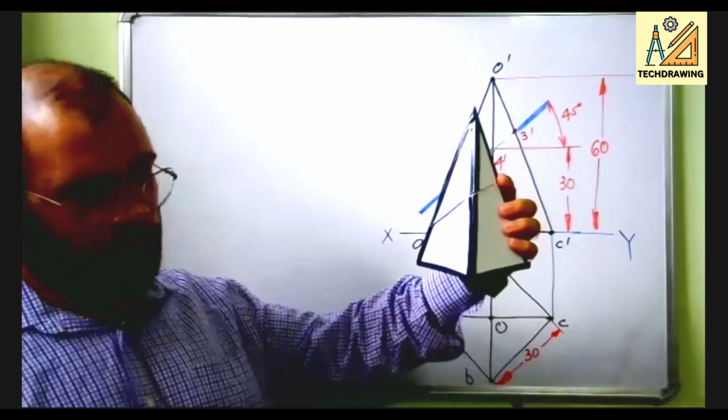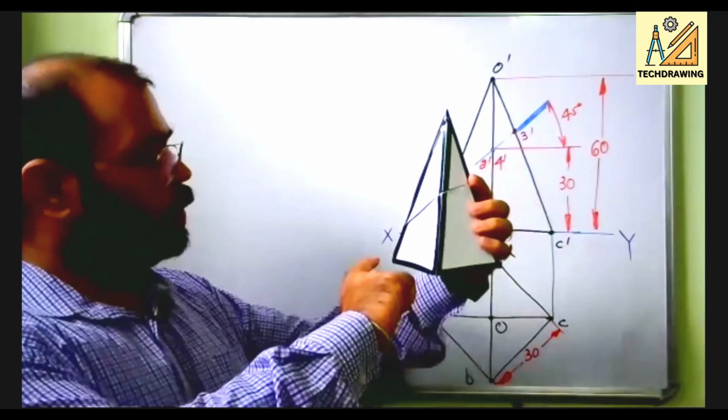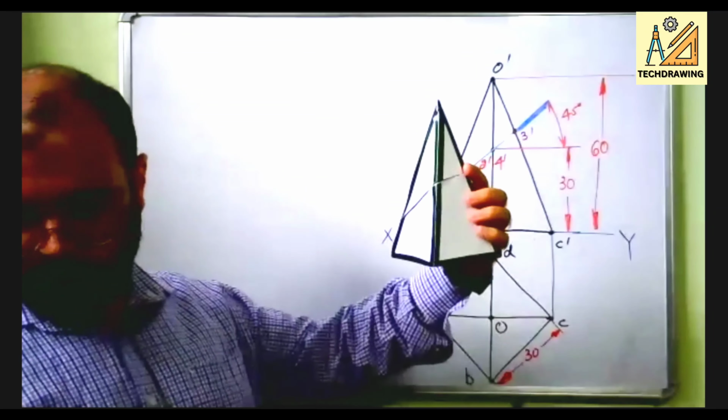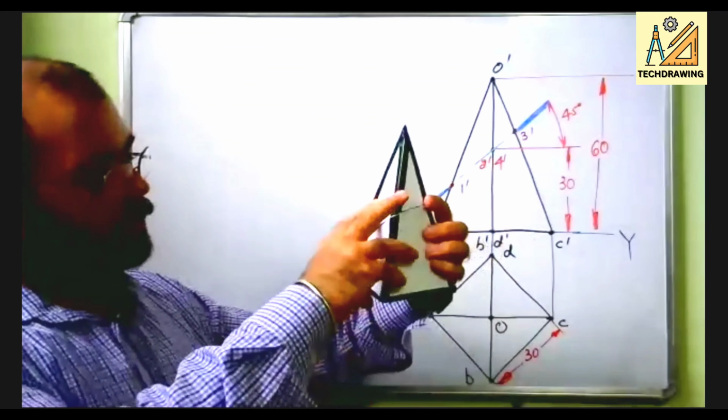Okay, this is the front view. So this is OA, OB, OC, and OD. Similarly, when you see it from the top, so this is OA, OB, OC, and OD.